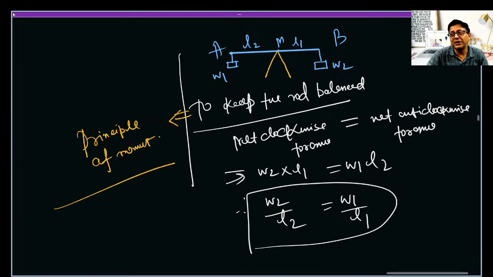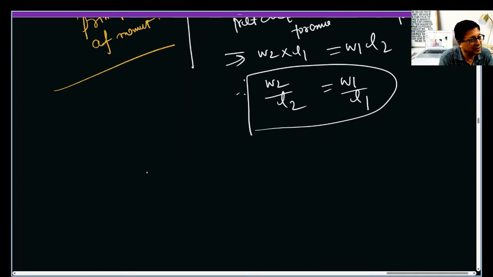So equilibrium of a rigid body is of two different types. What is that?